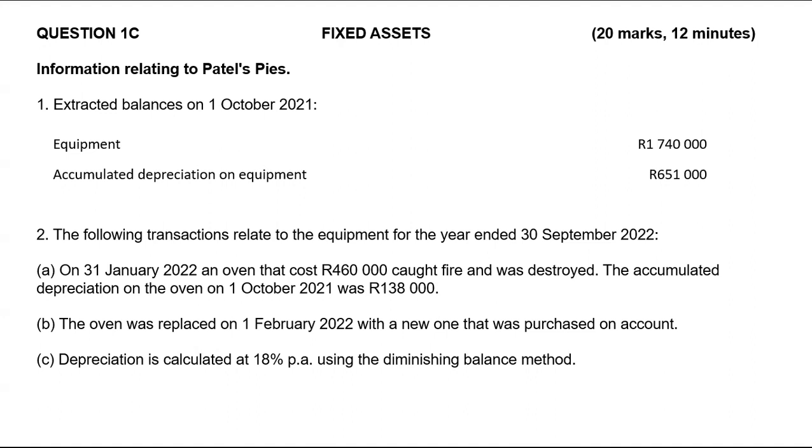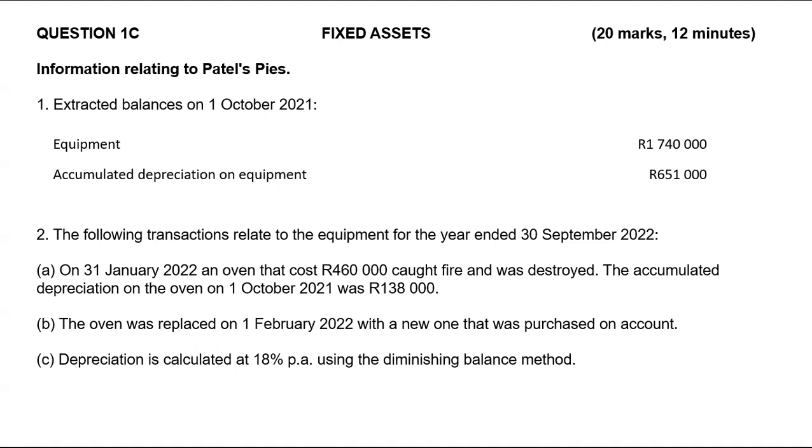Now, the first one, they say the following transactions relate to the equipment for the year ended 30 September 2022. Know that accumulated depreciation is the depreciation of all this equipment. We have different types of equipment. We don't just have this oven.